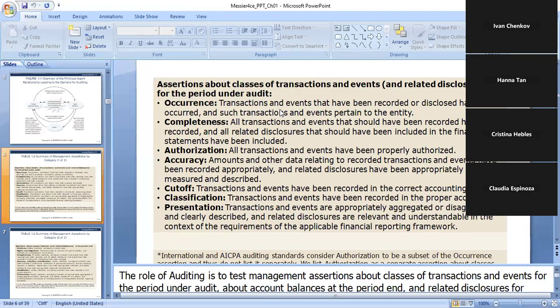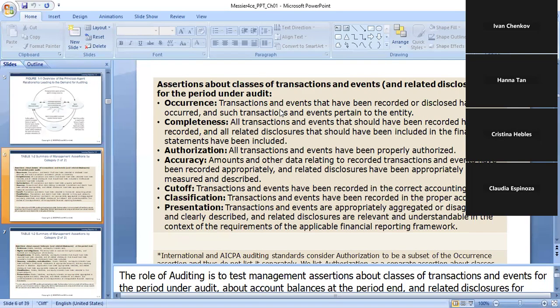It was put in the right fiscal year, but was it reported or recorded in the equipment account, or was it directly expensed? So that's how we're checking the classification.